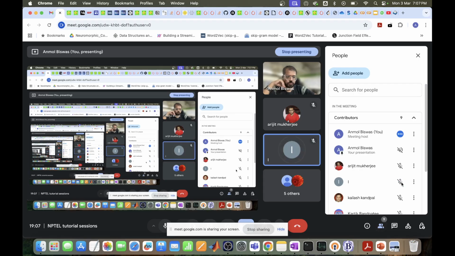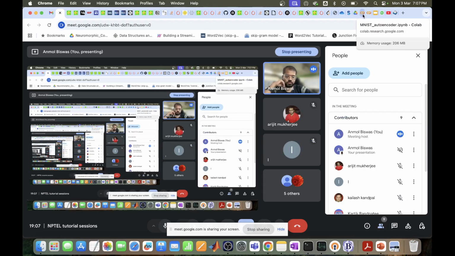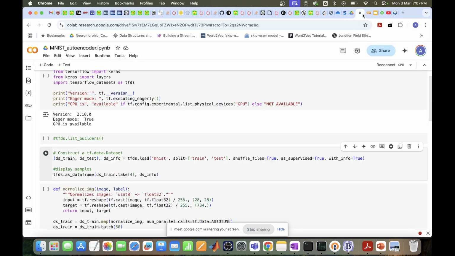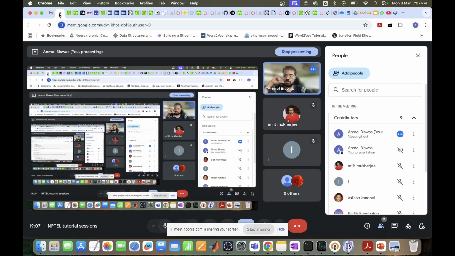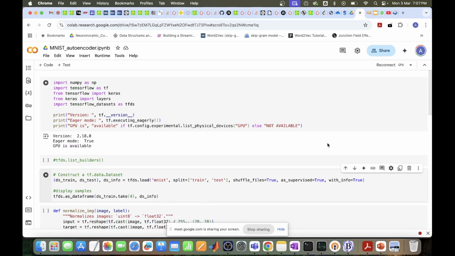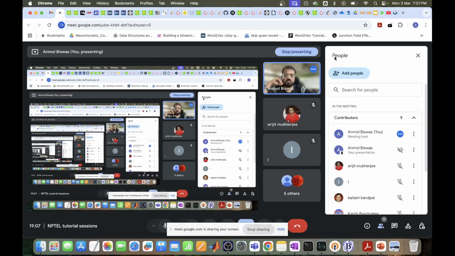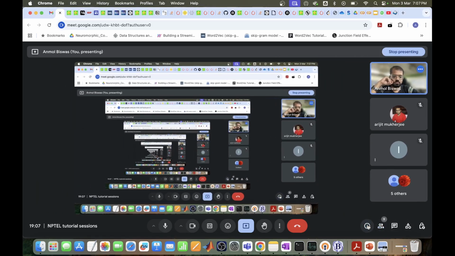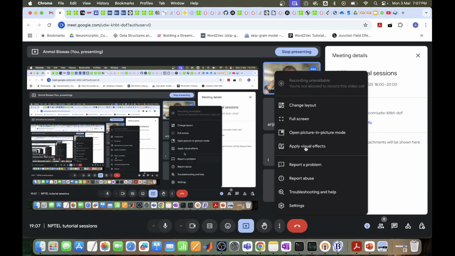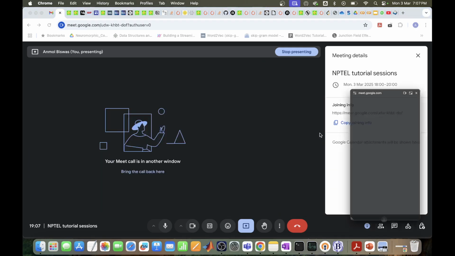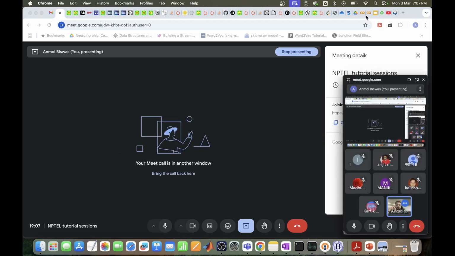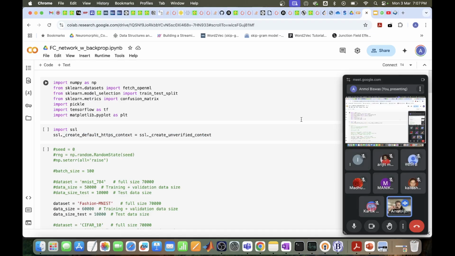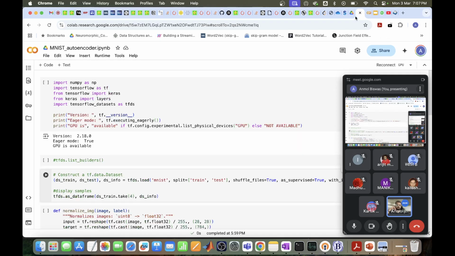Okay, so let's dive into the autoencoder example, right? Hopefully the screen is visible.